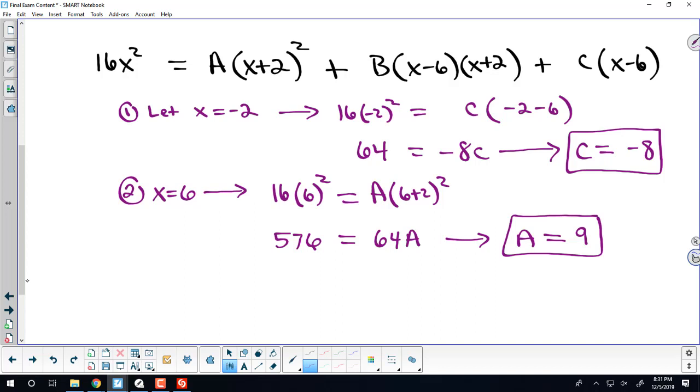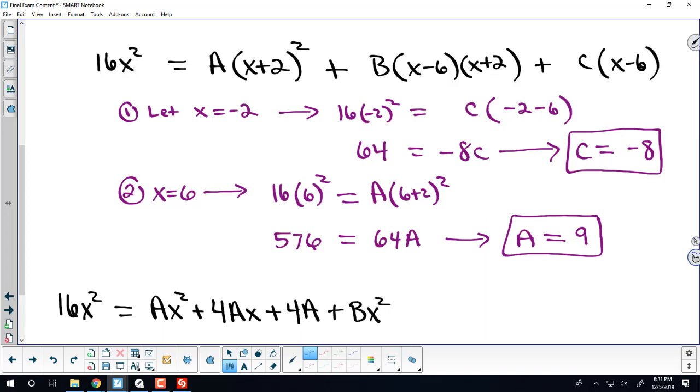So finding b, we multiply all this out: ax squared plus 4ax plus 4a, bx squared minus 4bx minus 12b, and then cx minus 6c.